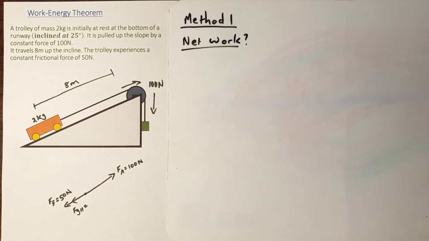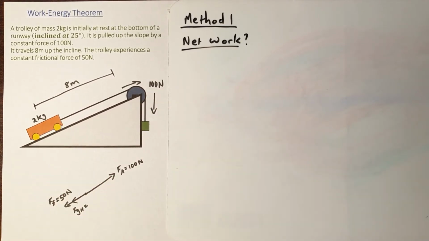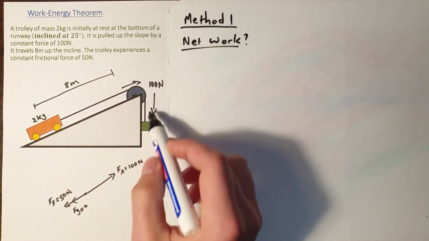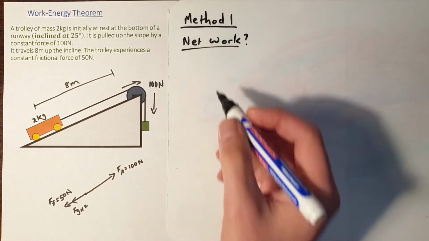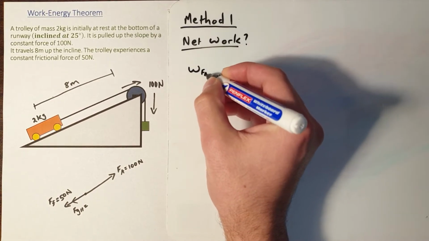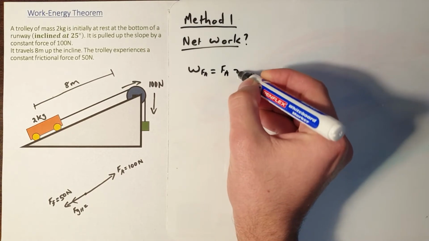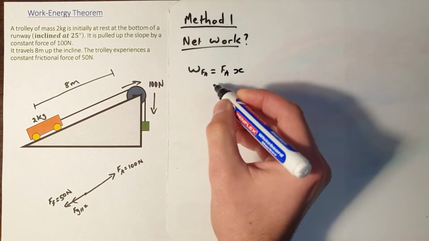So the first option is to just simply calculate each individual work done by each of the forces acting. So let's start with the amount of work done due to the force pulling it up the slope. Our work due to the force applied is equal to the force applied and the distance it was applied for.